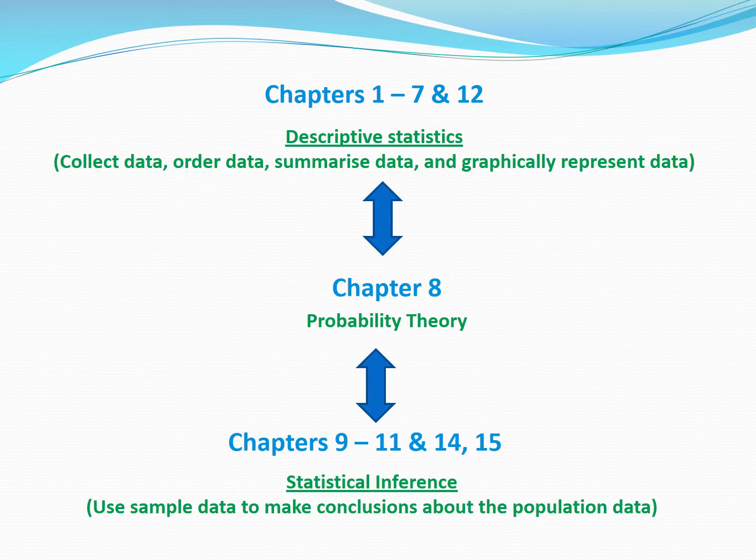But in STTN 121, we are going to focus on statistical inference, where we use sample data to draw conclusions about the whole population data. Because we do not always have access to the whole population, or due to financial constraints or time constraints, we can't observe the whole population.